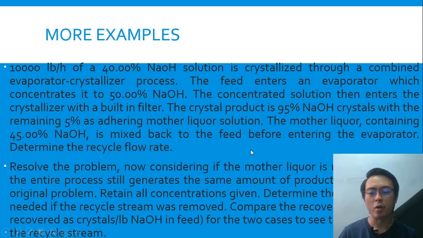10,000 pounds per hour of a 40% sodium hydroxide solution is crystallized through a combined evaporator crystallizer process. Okay, so this is the same as our example number 1. So this would be your number 1 for worksheet number 5, if I'm not mistaken. I will be giving the other numbers for worksheet number 4 and worksheet number 5 in Blackboard later.